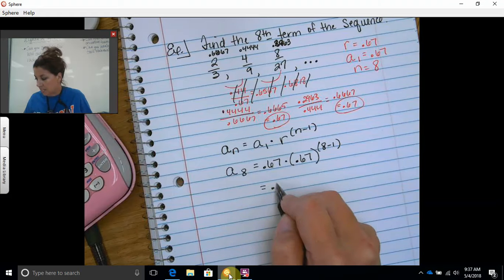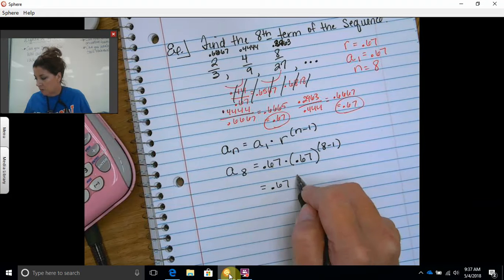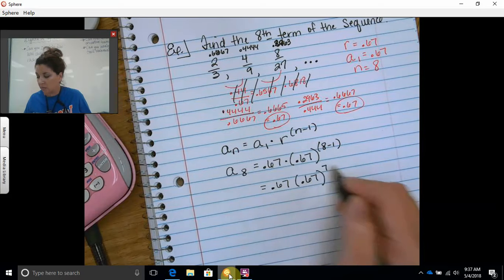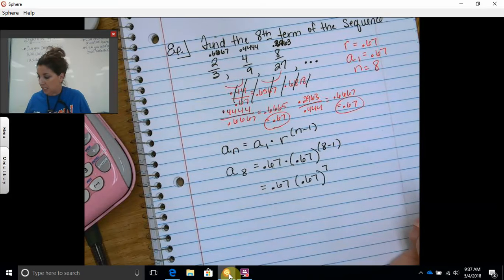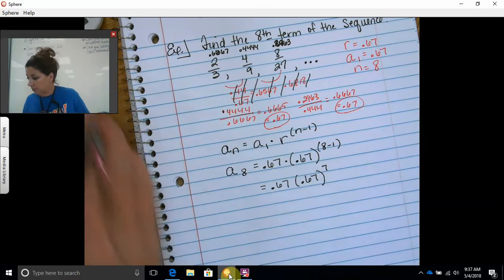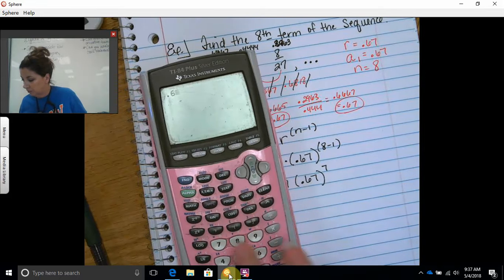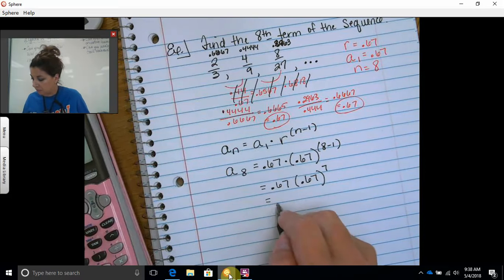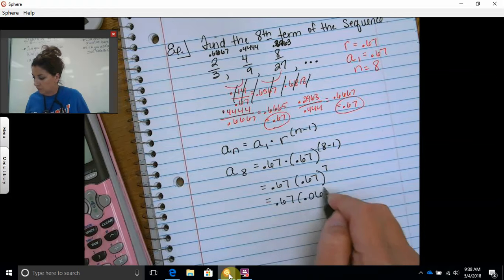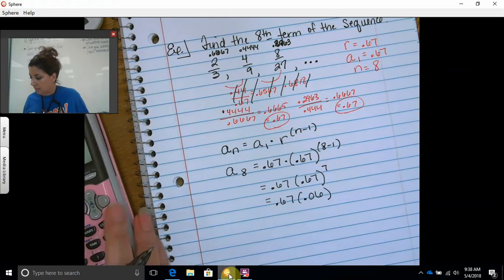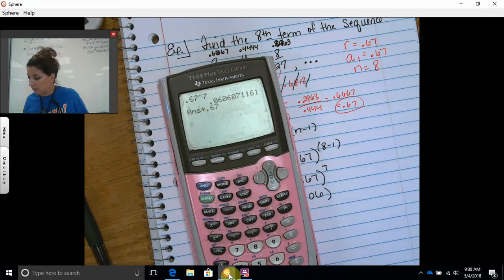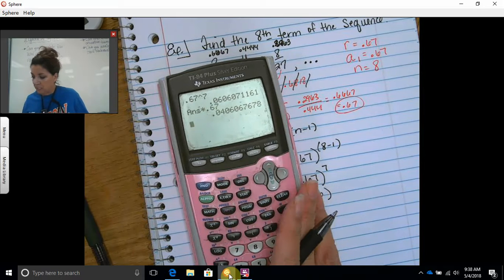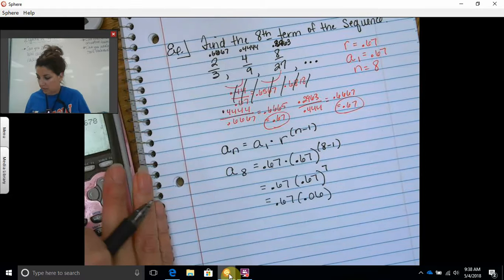So that's 0.67 times 0.67 raised up to the 7th power. We know we take care of that exponent before multiplication. And I'm going to go with approximately 0.06. Multiply that times 0.67. And I'm going to say 0.0406.